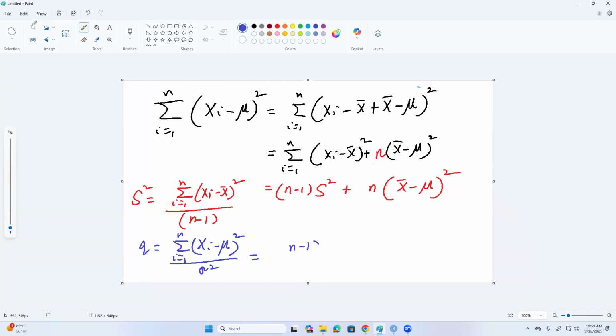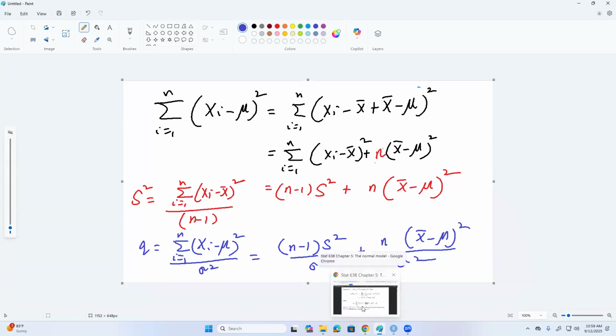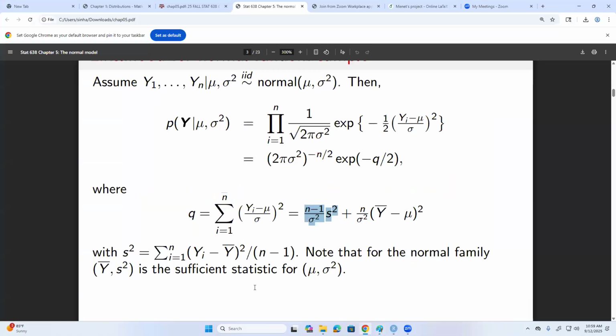So it is n minus 1 times s squared over sigma squared plus n times x bar minus mu squared over sigma squared. Okay, that's the only thing. So this is how Q is written in that format.